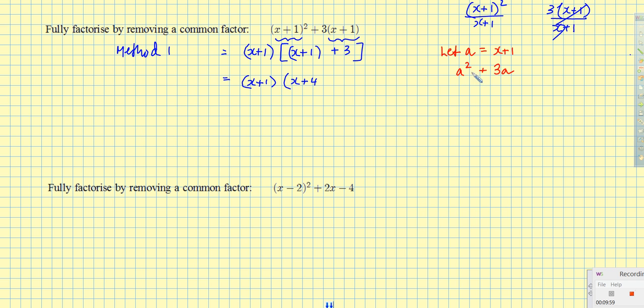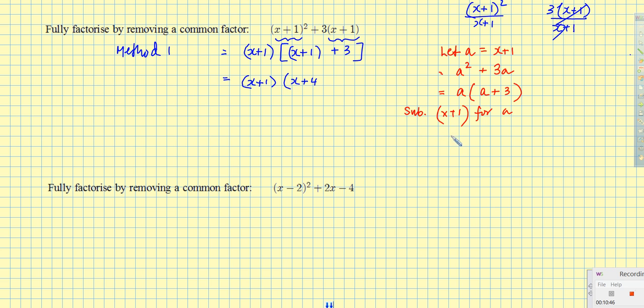So that a squared plus 3a is what I'm going to factorize now, or remove a common factor from. And removing a common factor here means that it becomes a times a plus 3. Now, because my question was not written in terms of a, but in terms of x plus 1, all I have to do is substitute back in x plus 1 for a, so that wherever there's an a, I will replace it with x plus 1.